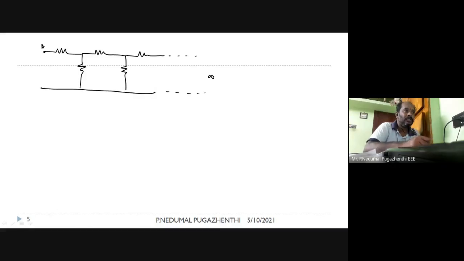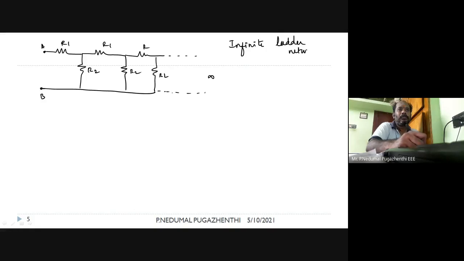Let us mark these nodes as A and B. This is R1, this is R2, this is R1, this is R2, this is R1. Again you will have an R2. It continues like that. So this is called an infinite ladder network. If you are asked to find the equivalent resistance R_AB, what do you do?